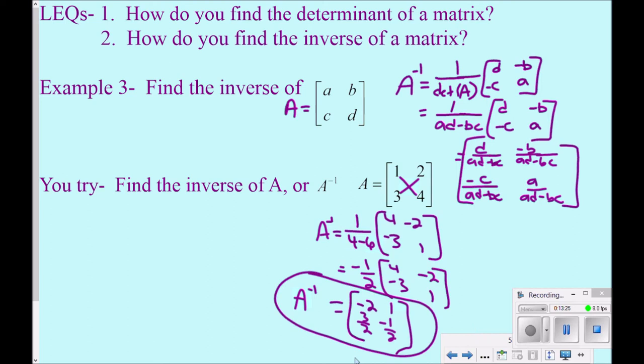So when I'm trying to determine whether the matrix has an inverse or not, all I have to do is find the determinant. If the determinant is 0, then the matrix does not have an inverse. And if the determinant is any number besides 0, then the matrix does have an inverse. So we'll go back to our problem now.